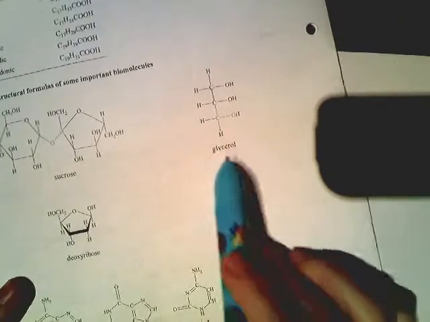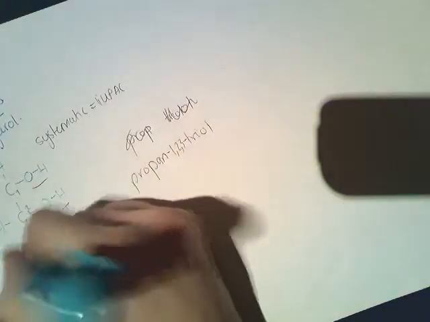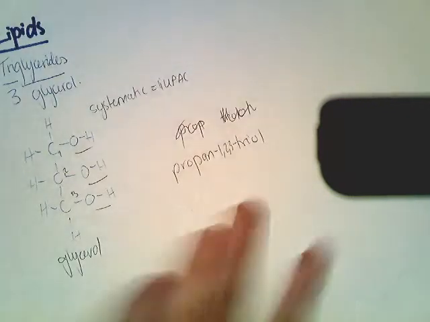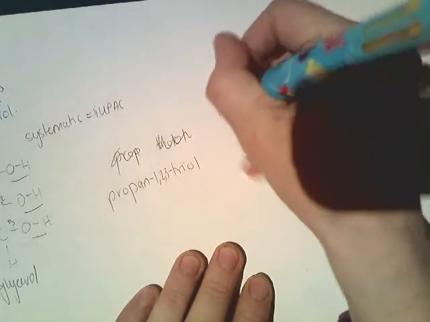Here we go, it's there. So fats are made out of a glycerol, systematic name propane 1, 2, 3 triol, and they're made out of 3 of something. Now these 3 of something are called fatty acids.